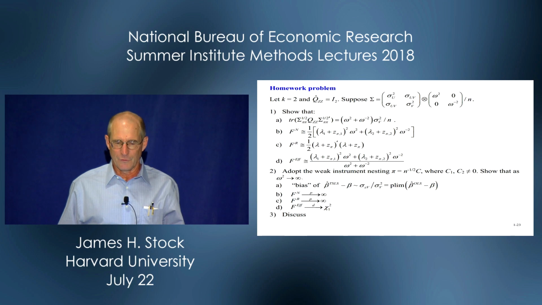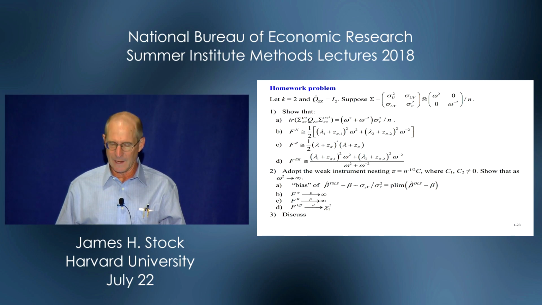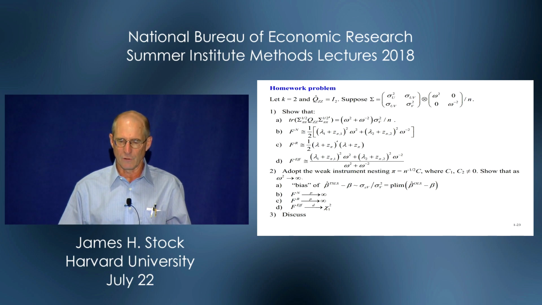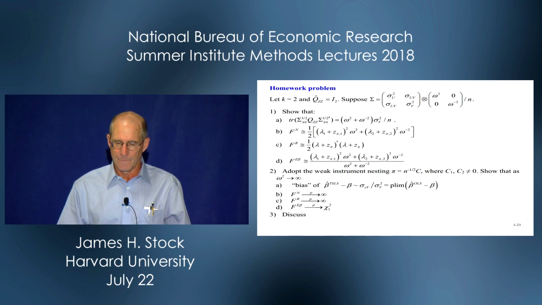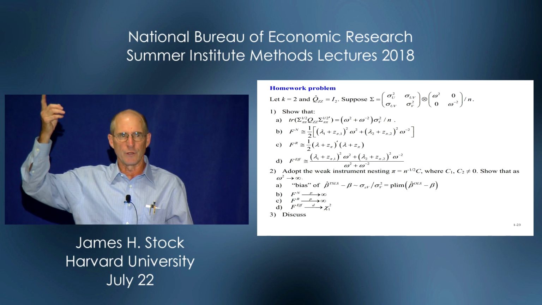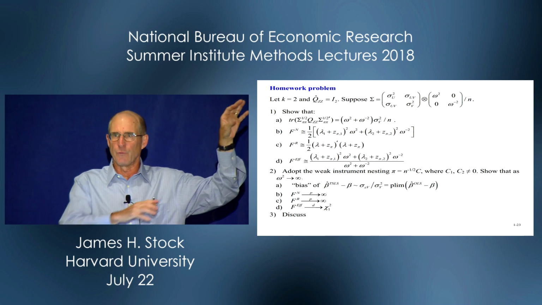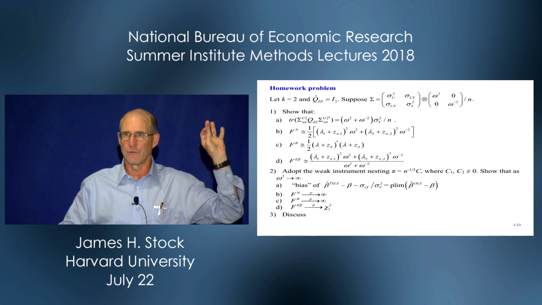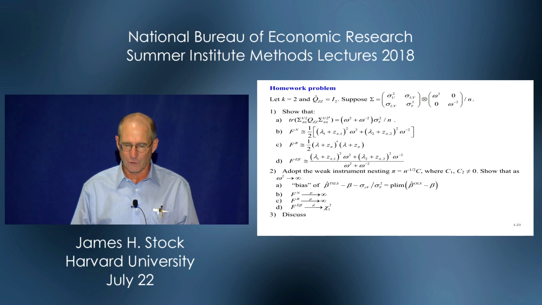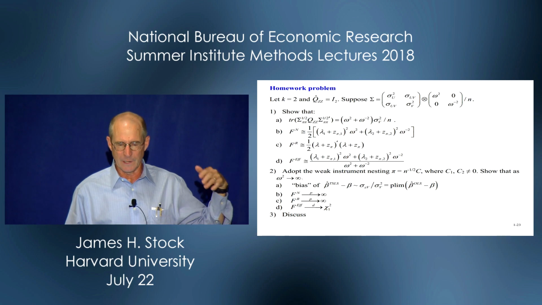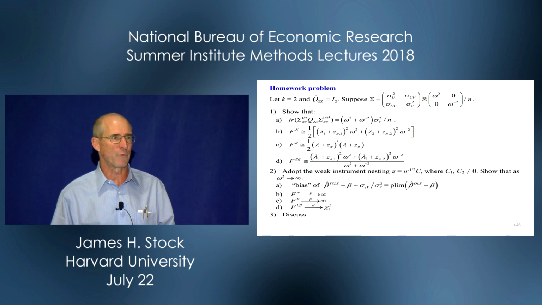So the homework problem has two steps. First of all, if you just take the definitions of these different things, plug them in, and go through all of the algebra that we've done, what do things look like? And then the second one is, once you've got these things, we're going to assume the weak instrument nesting, and then we'll just take some limits. It turns out that if I let omega squared go to infinity, so one of these has really horrible HR standard errors, and one of them has really, really great HR standard errors, then you can actually show the following results: the non-robust goes to infinity, the robust goes to infinity, the effective F goes to a chi-squared 1.